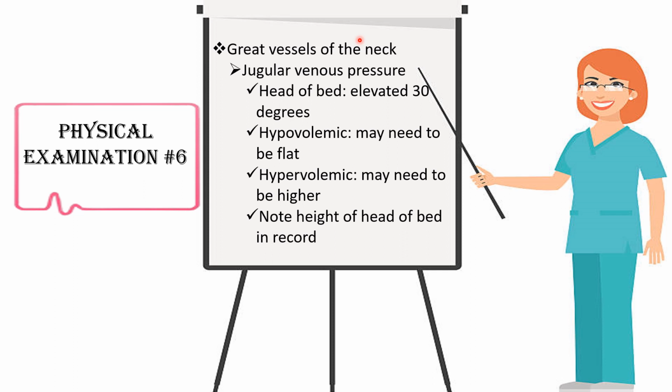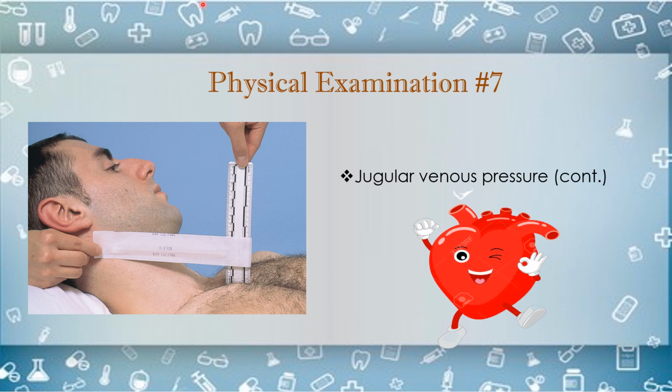For hypervolemic patients, you may need to place your client in a higher position, and then note the height of the head of the bed in the record. The steps for assessing the jugular venous pressure can be found in your book on page 395.